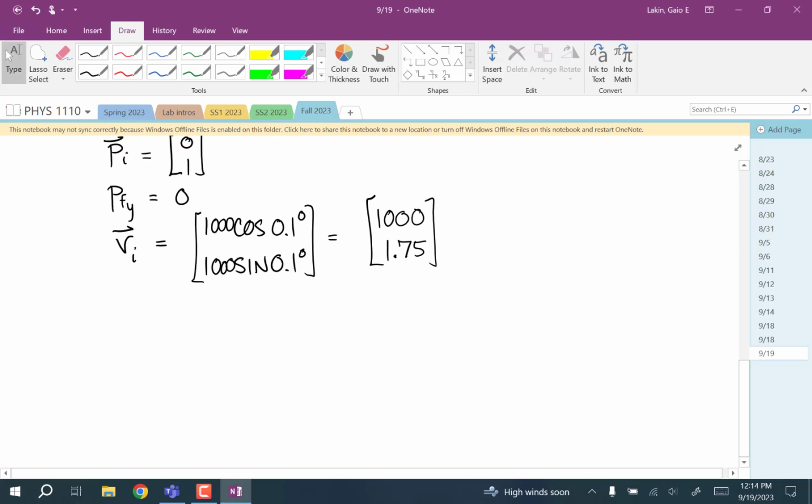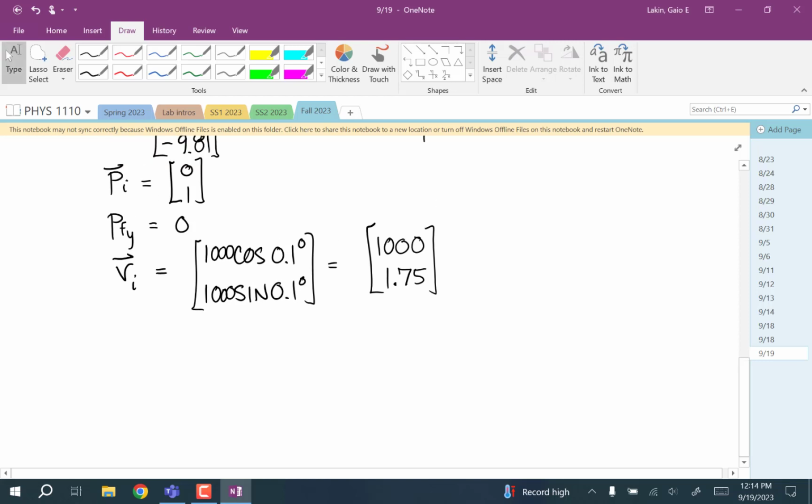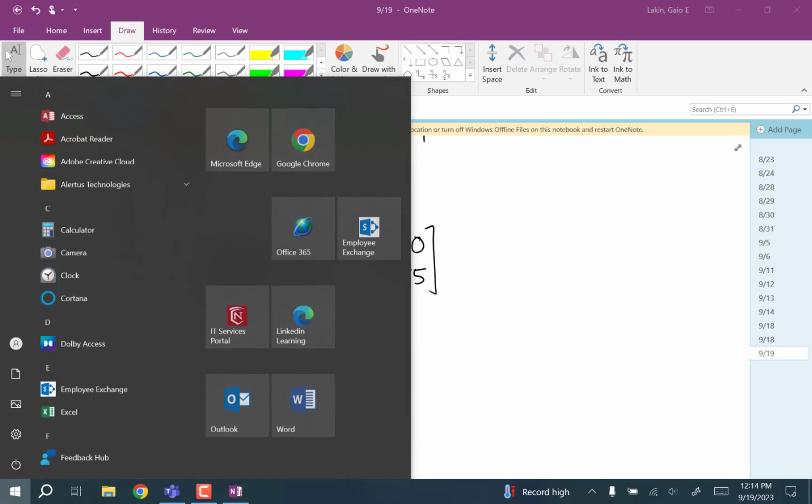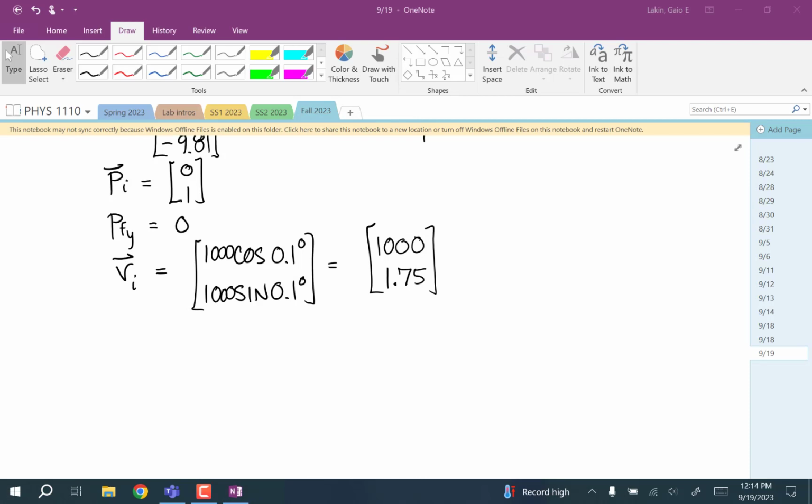Okay, and do we know V final? No. If you're at a cocktail party, do we know anything about V final? Yes, at a cocktail party, we don't mind relaxing a little bit and saying, okay, I'll level with you. We really know that the x component of the velocity is never going to change over the motion, and that's because the only acceleration is in the y direction.